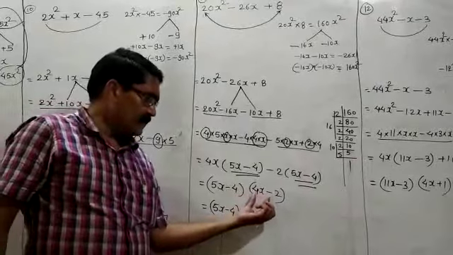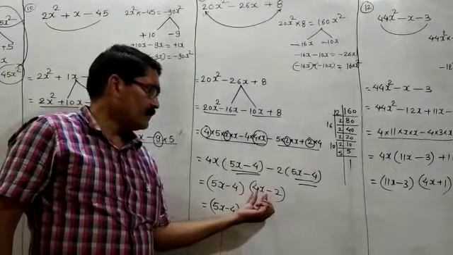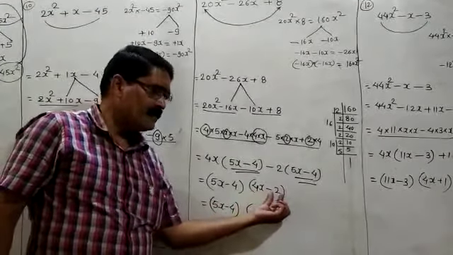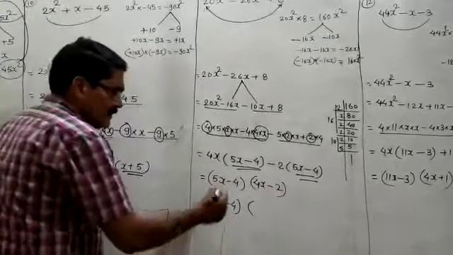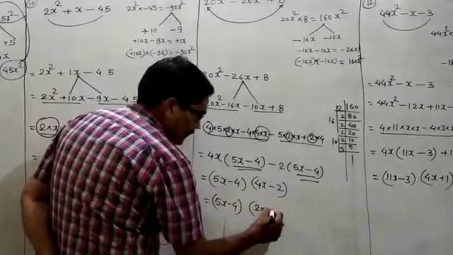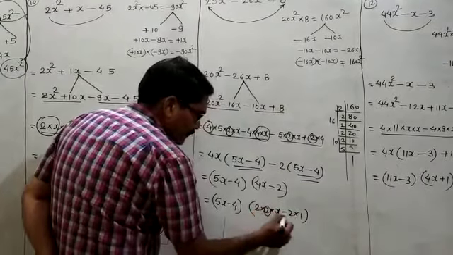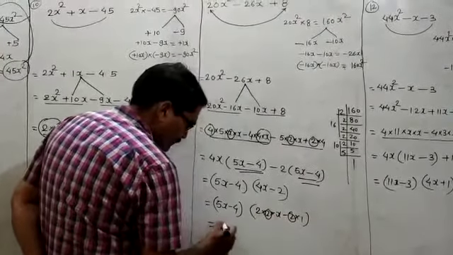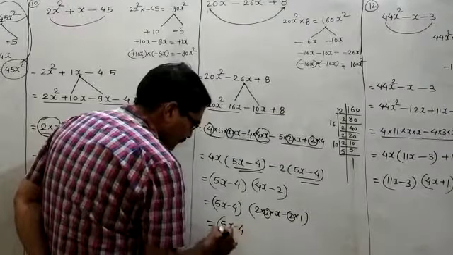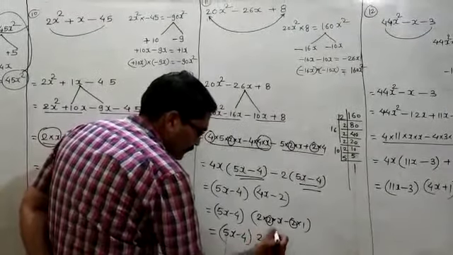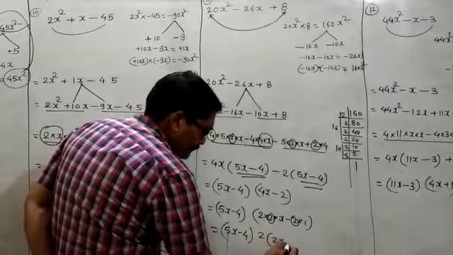But in this factor, 2 is present in 4x and 2 is present here also. So I will write this as 2 multiplied by x minus 2 multiplied by 1. From this you have to take out 2 common. Then the factors are 2x minus 4 in one bracket and 2 into 2x minus 1 in the other.